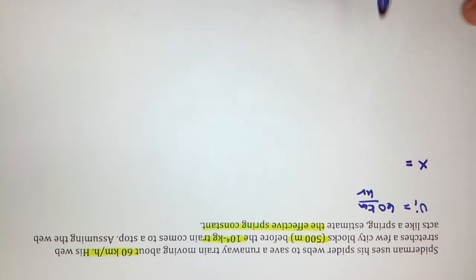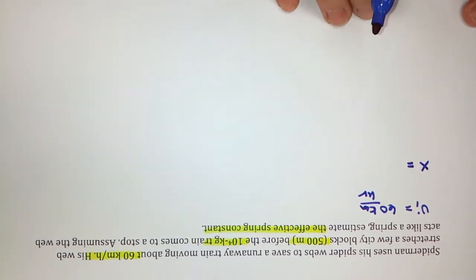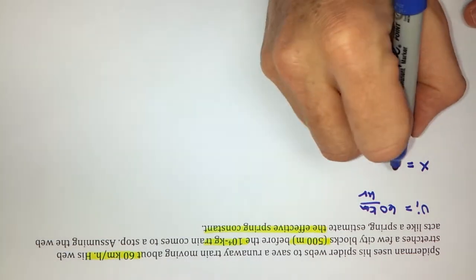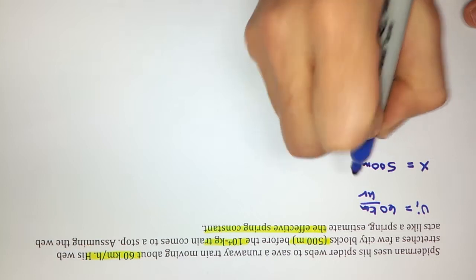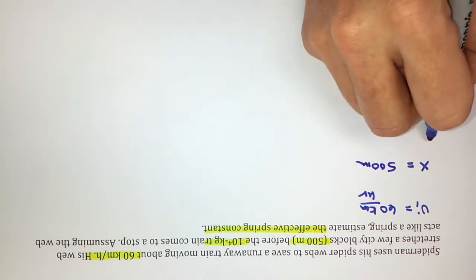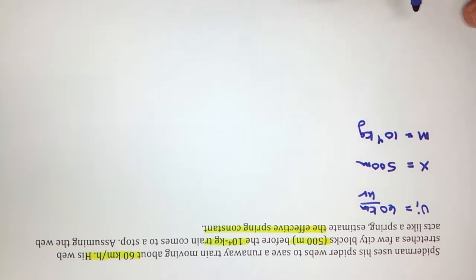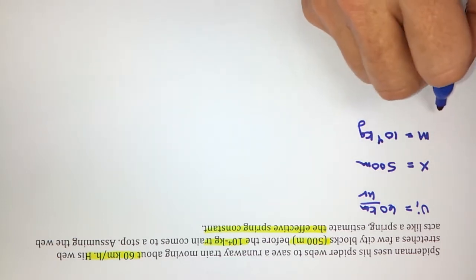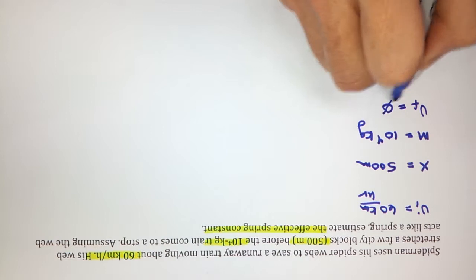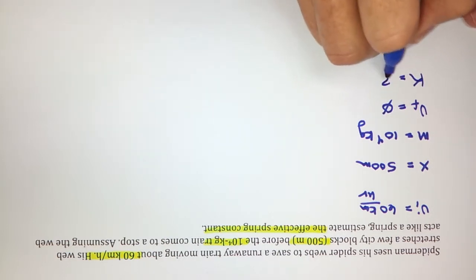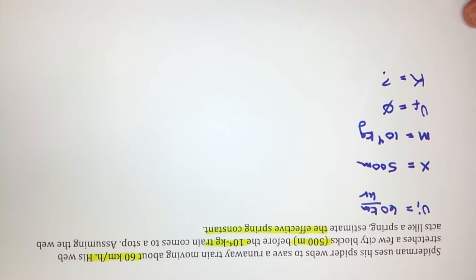Our displacement from what we're assuming is the equilibrium position, where it's not stretching and now it is stretching, is 500 meters. The mass of the train is 10 to the 4th kilograms, or 10,000 kilograms. We know it's going to come to a stop, so the final velocity is 0, and we're looking for the spring constant.